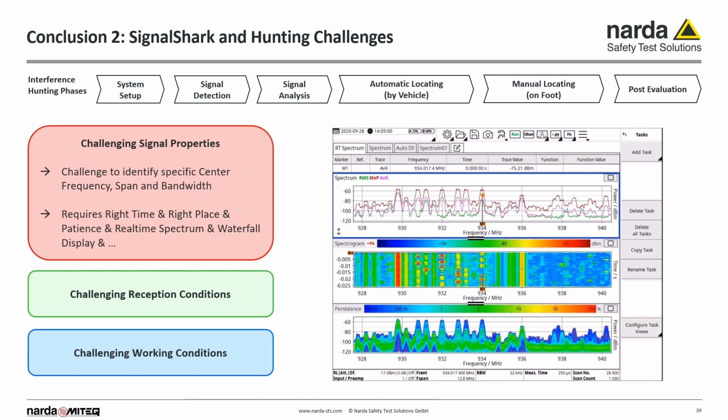Once the interference hunt has started, we have to overcome various challenges throughout various hunting phases. Detecting and usefully analyzing the interference may take a significant amount of time and can be optimized with a powerful real-time spectrum analyzer as SignalShark.